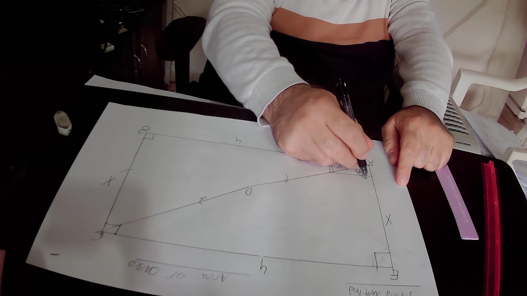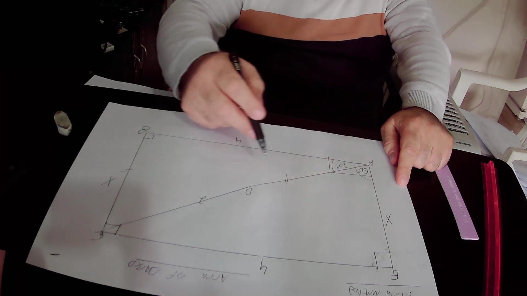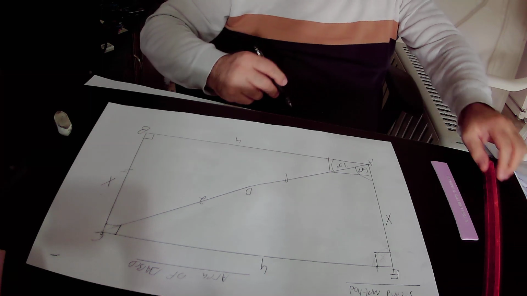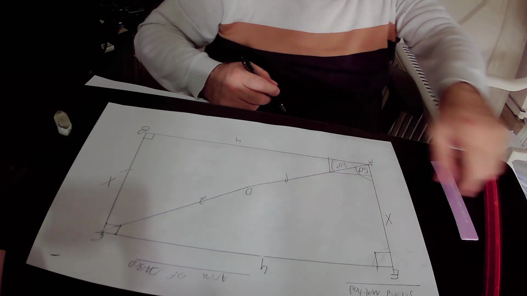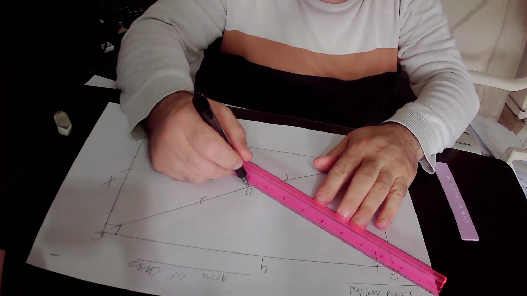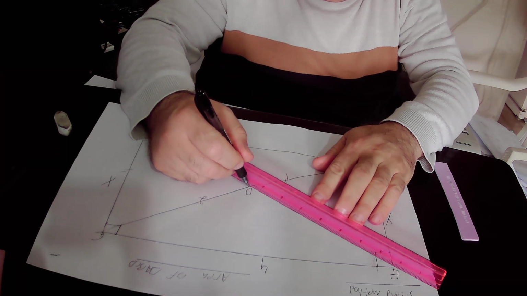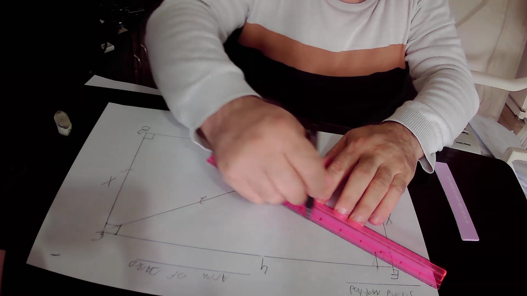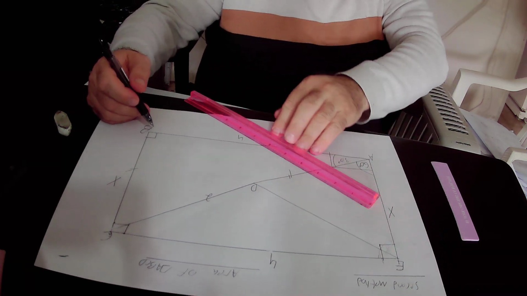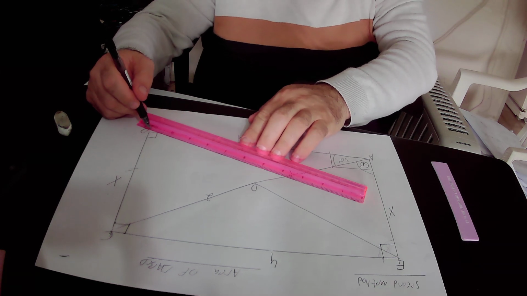So we found that angle EAD equals 60 degrees. In the next step, we will join points E and D together by a straight line, and we will join points D and B together by a straight line.